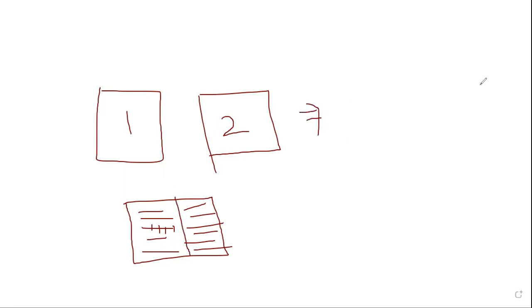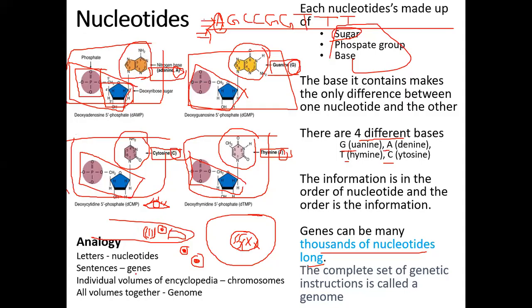Okay. So if you try to analyze our genes with this, if you try to develop an analogy, letters would correspond to nucleotides.